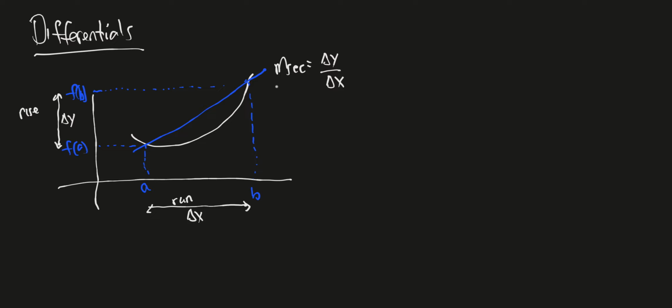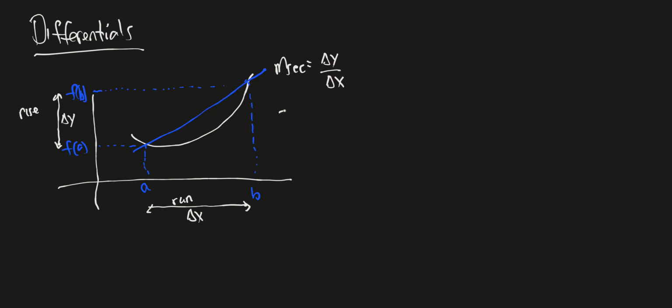But another way to think of this equation, right, and remember these deltas are just changes. So this says the change in y divided by the change in x, or you could say the difference in y divided by the difference in x gives us this slope of the secant line.